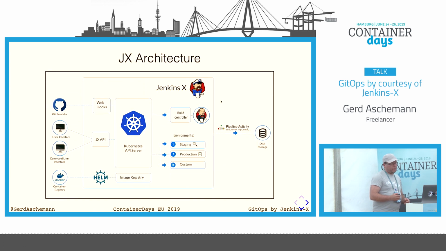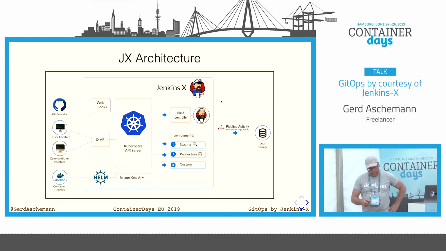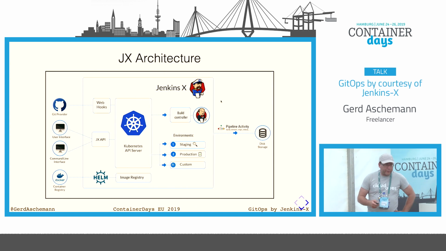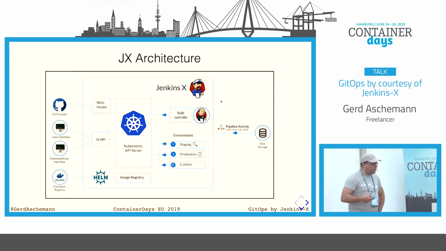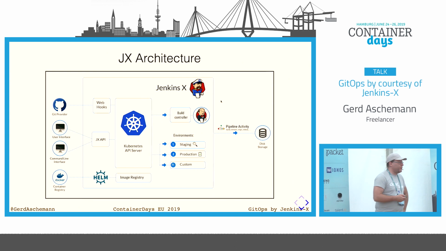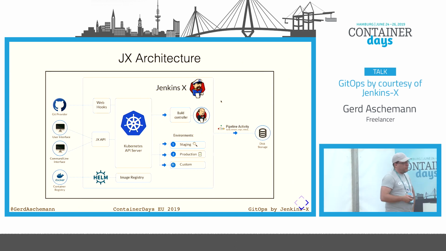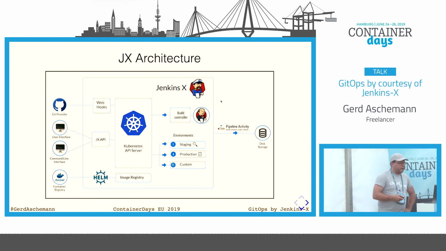Let's have a look. A short overview of how Jenkins-X works internally. On the one hand, it's running the build processes, so the overall build process in Kubernetes as a build pod, and additionally, it allows handling all of the infrastructure setup.